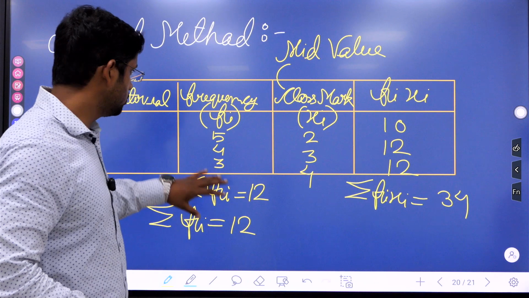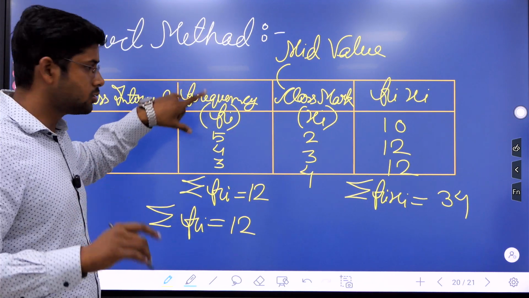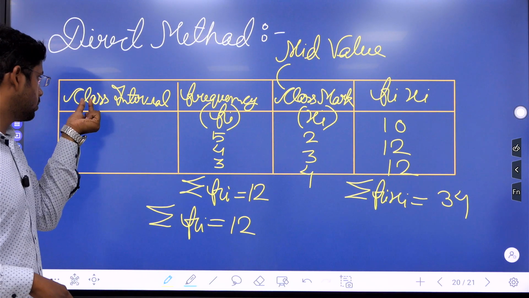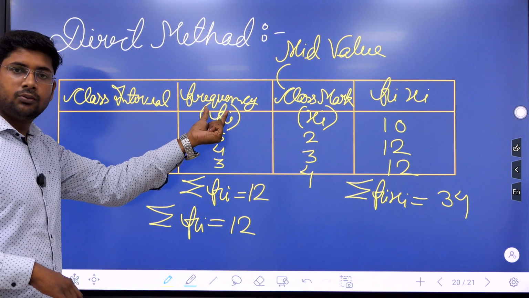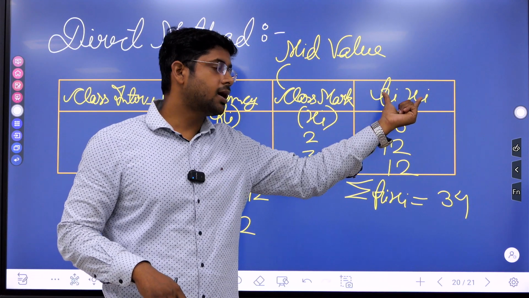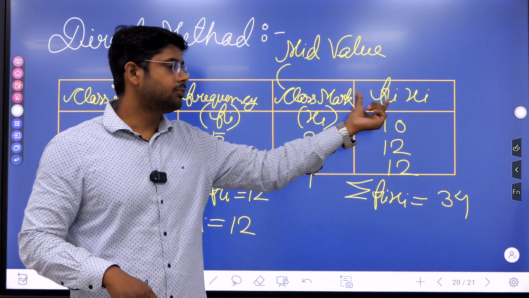So how do you solve all questions with the help of the direct method? First you draw one table, then write class interval, just after it frequency, then class mark, and then fi xi, which is the product of frequency and class mark.